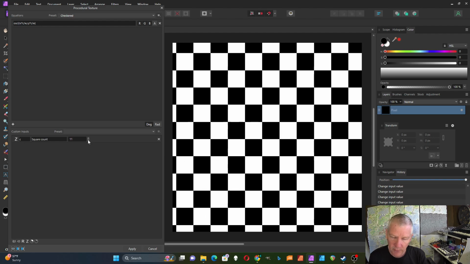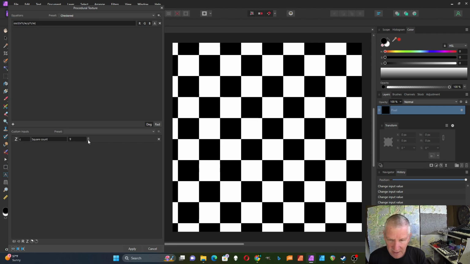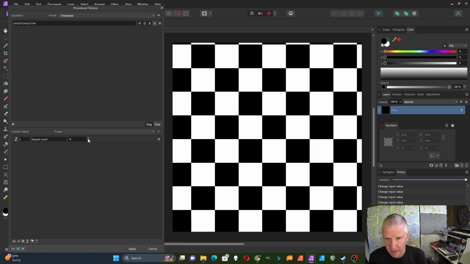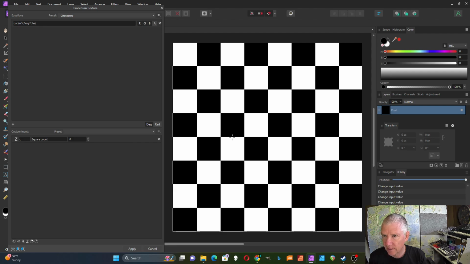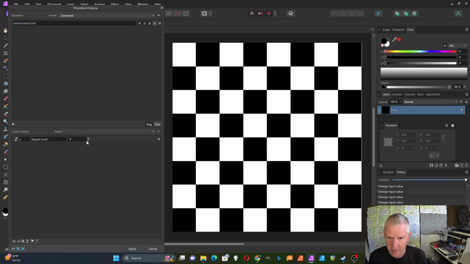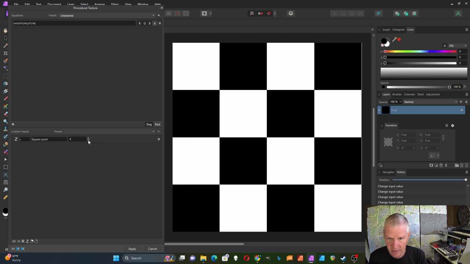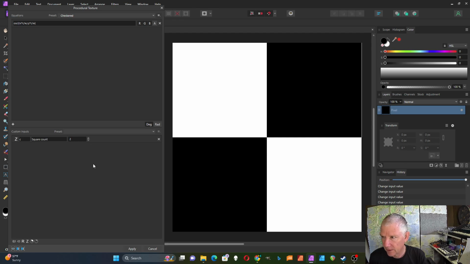Okay? But what I really want to understand is, why does that work that way? Why does it have this effect to change that? And I sort of know, because I know how the oscillator works a little bit, but I want to look at that in detail. So here's a square count of 2.